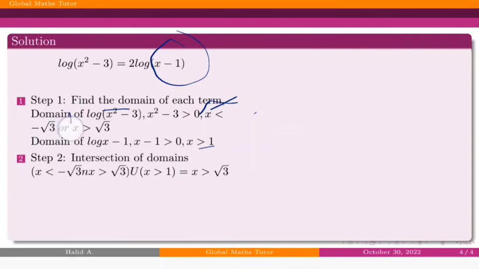And for the other one, x must be greater than root 3 and x greater than 1. Which one is greater, 1 or radical 3? Radical 3. So if x is greater than radical 3, it also satisfies x greater than 1. So our intersection of the domain is x must be greater than root 3.